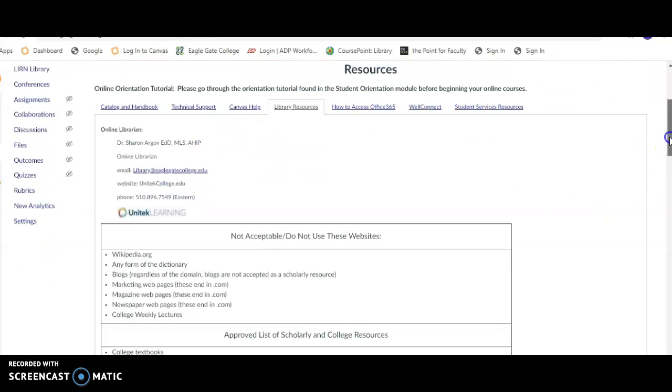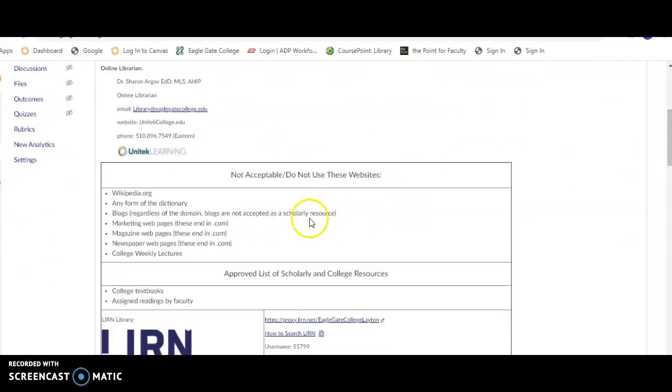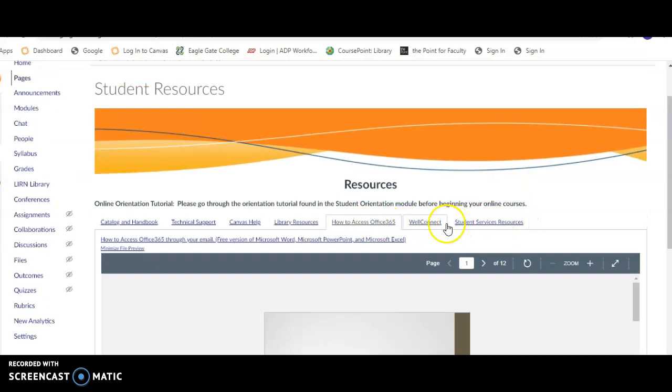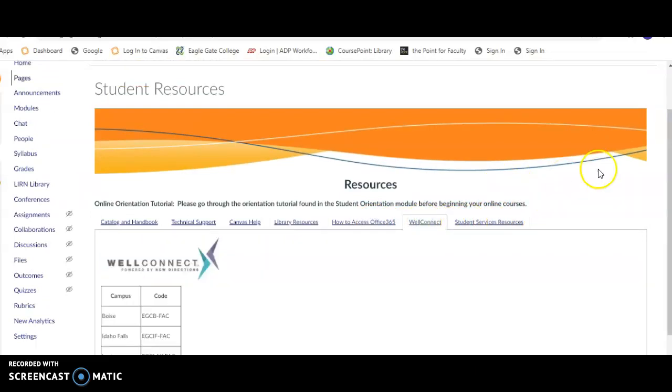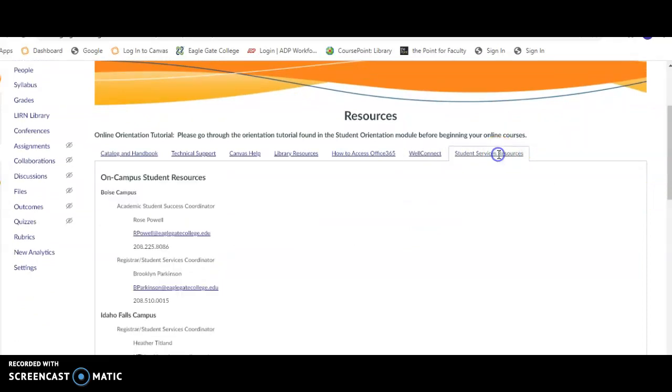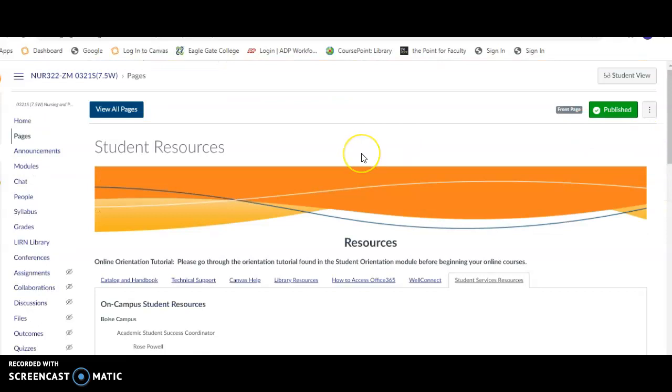We have the list of what we don't accept as scholarly, so you can scroll through that. Information on how to access 365, Connect, if you need any of these resources, and student service resources. So again, there's many resources available to you to help you be successful. And other than that, I think I'll just go through the discussions.